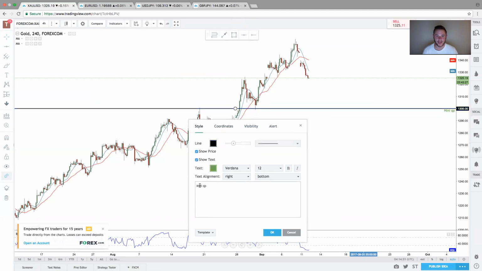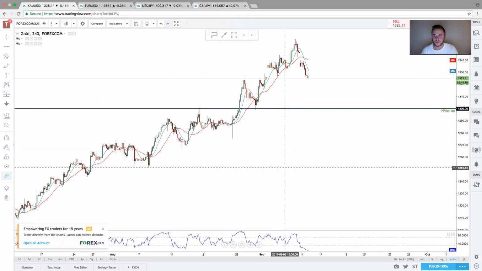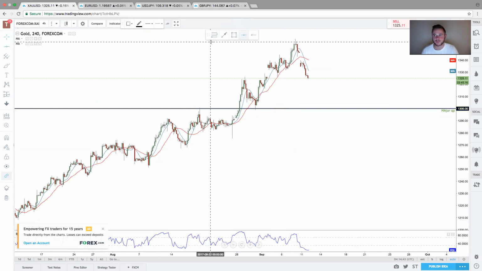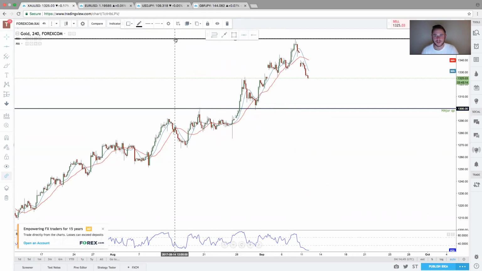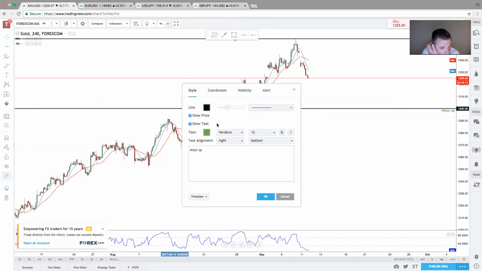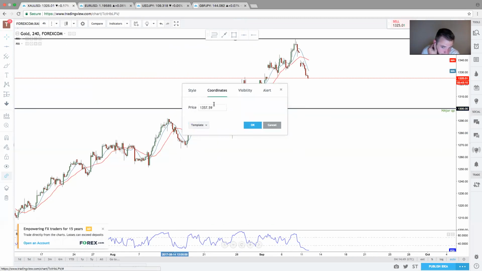We'll do that one black. All right, major 1300, and this is per ounce too. This is per ounce, meaning gold is currently $1,325 per ounce.